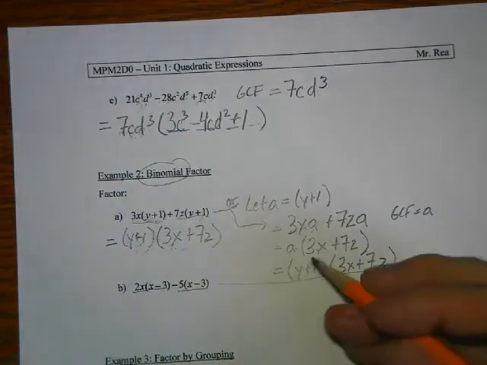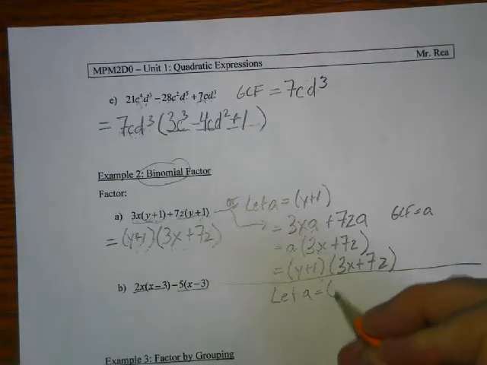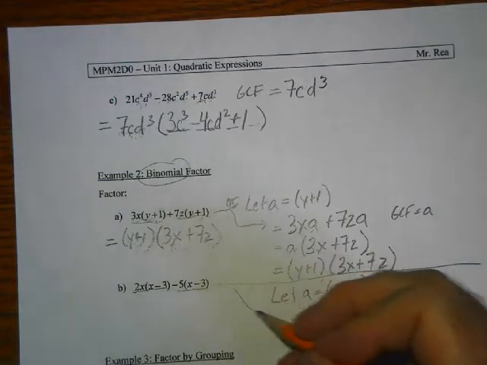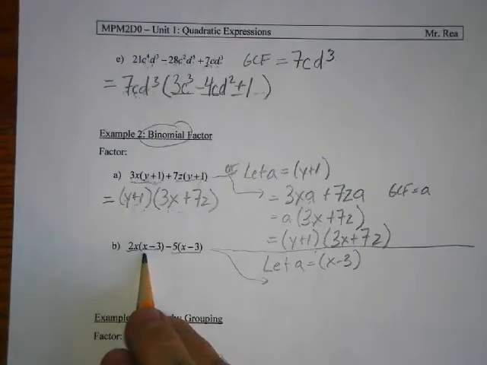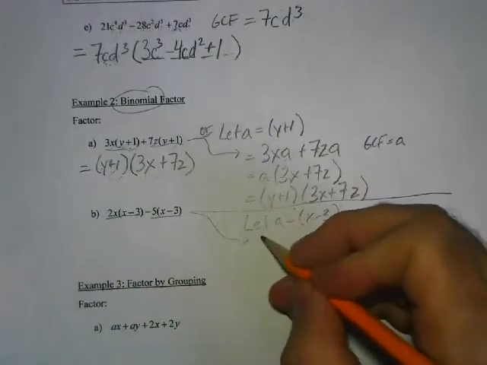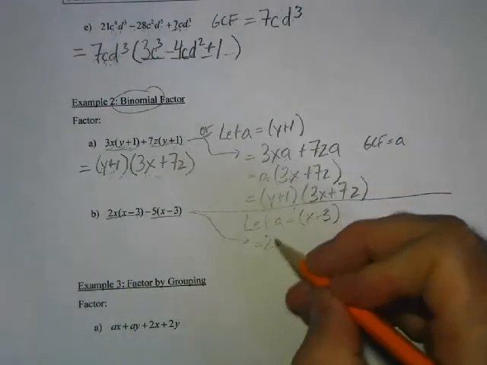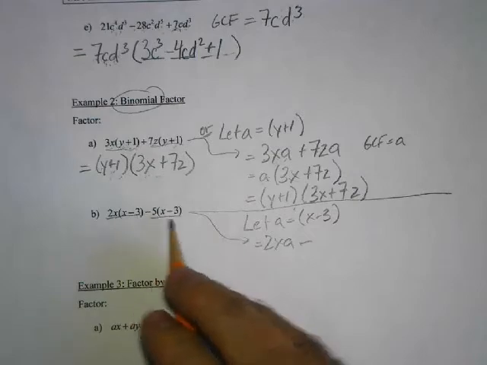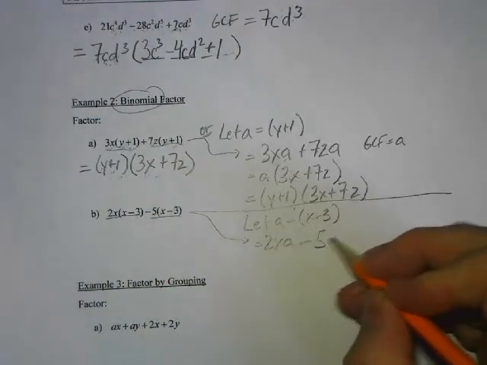So I'm going to do a substitution, let a equal x minus 3, and then we're going to update this by replacing x minus 3 with the a. So now that's going to be equal to 2x times a, 2xa, minus 5 times, replace the x minus 3 with an a, so that's minus 5a.